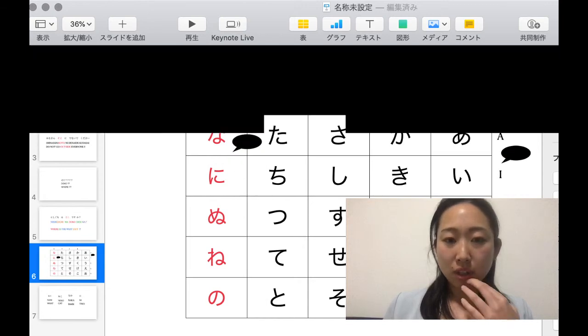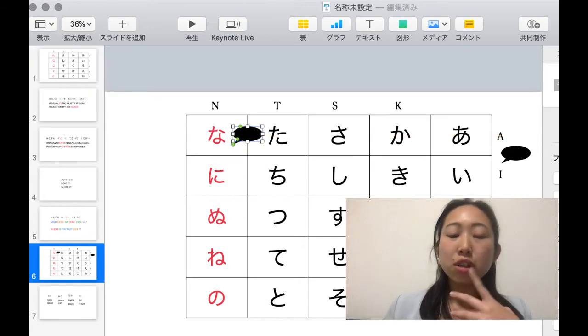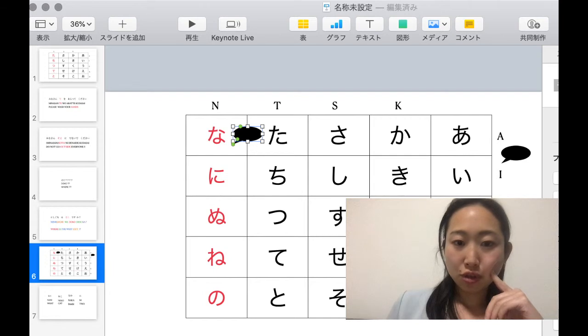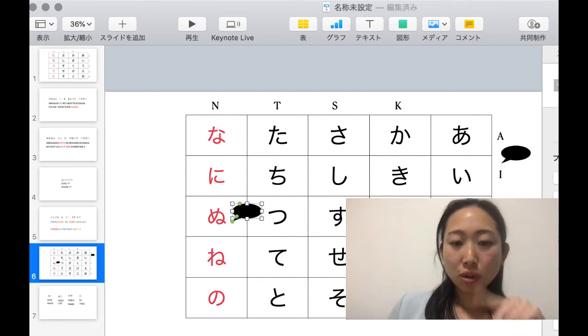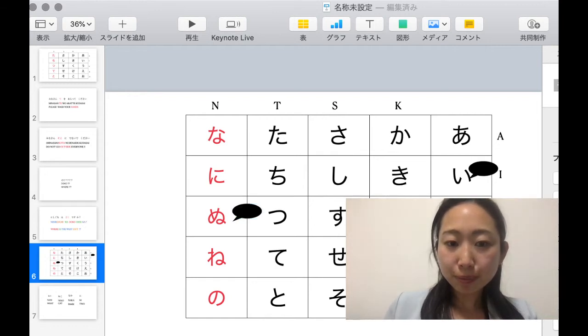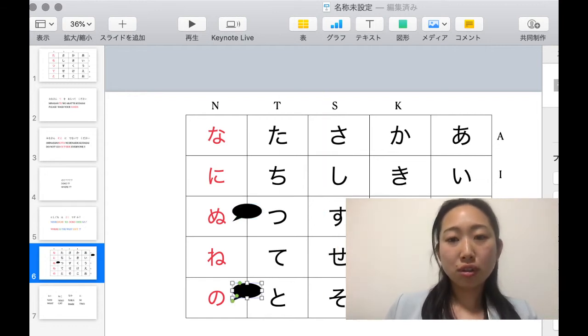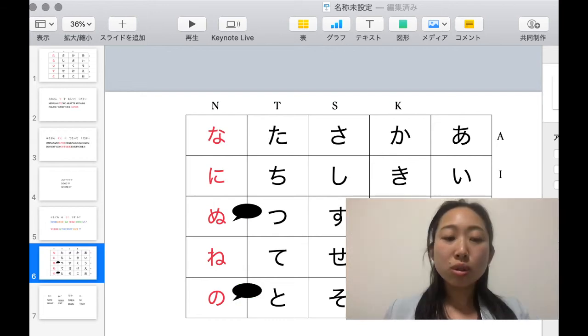We have a lot of words, but what would be very useful? Nuno. Nuno means cloth, like not clothes but like fabric.